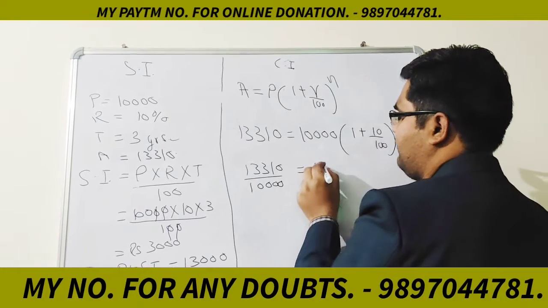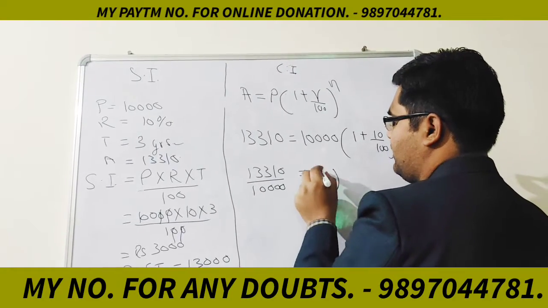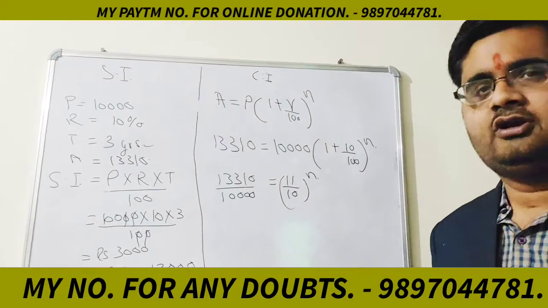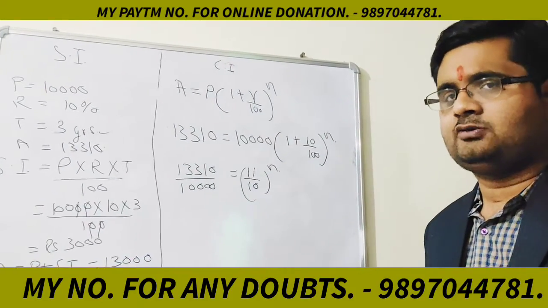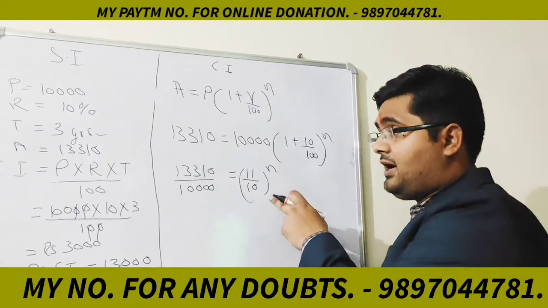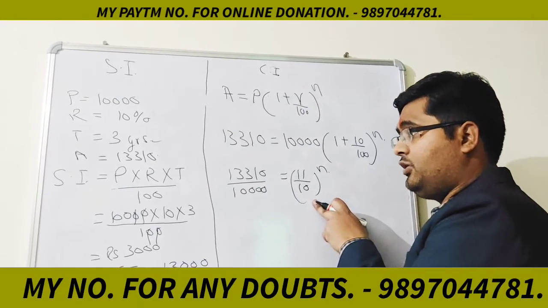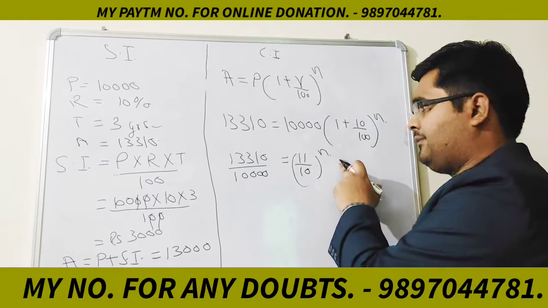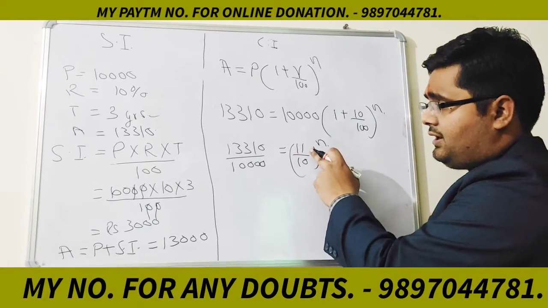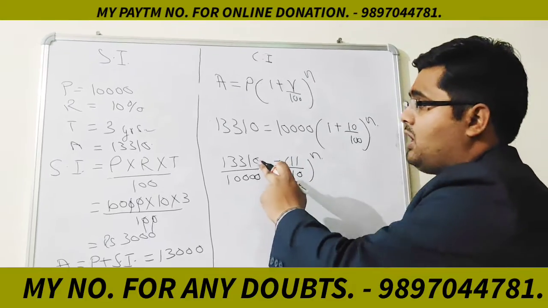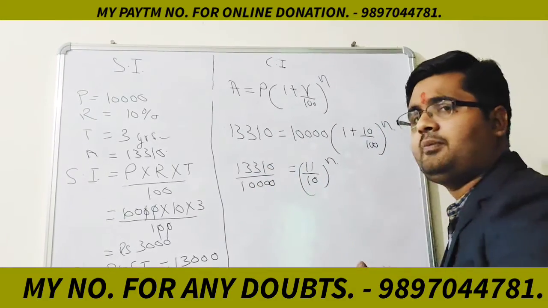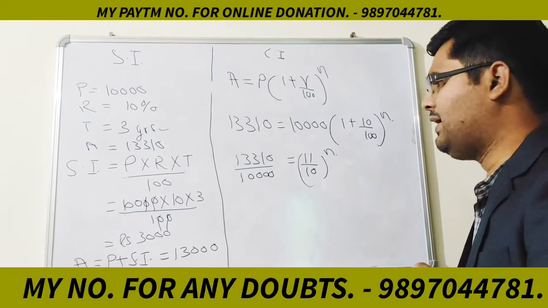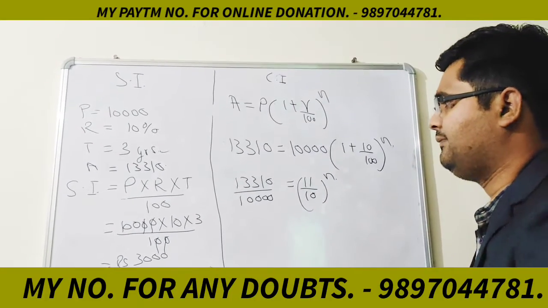It will become 11 upon 10 to the power n. Now you have done the chapter on powers and exponents. Here powers and exponents play a role in calculating the value of n. N is what? The time. Here the base is 11 upon 10. Once you make this in terms of 11 upon 10, then you can find the value of n, and that is the time.